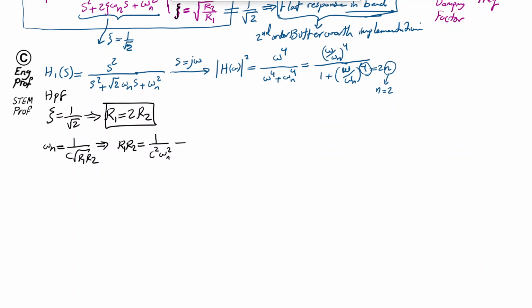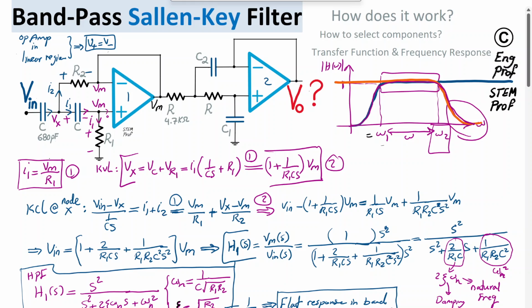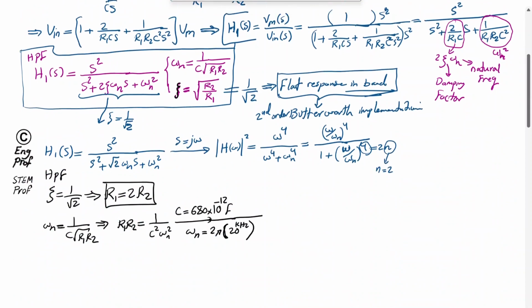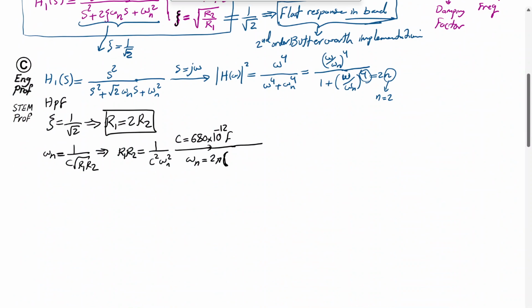So knowing that C is 680 picofarad, or 680 times 10 to the power minus 12 farad, and knowing omega n is some desired value, 2 pi times some frequency, for example 20 kilohertz, so this one is 2 pi times f1. So if you want f1 corresponding to this node to be 20 kilohertz, then that's the choice. This is just 2 pi f1, in which f1 is, as an example, 20 kilohertz if you like.